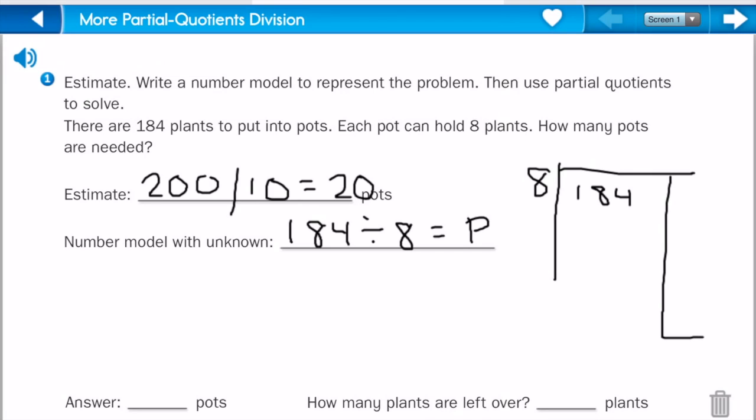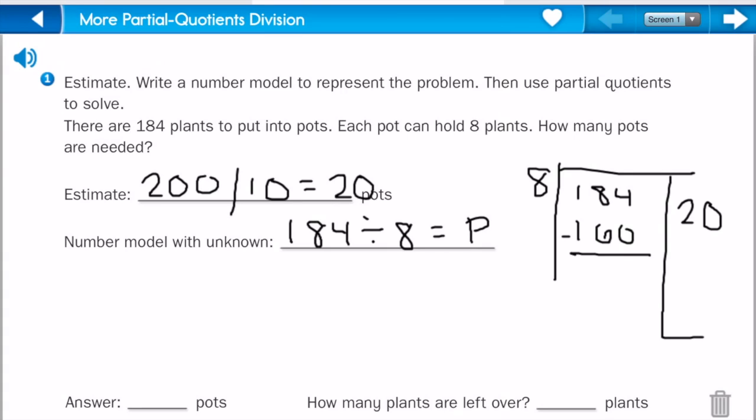Now I'm going to think, what can I multiply by to get close to 184 without going over, using factors that I know? My first number I'm going to choose is 20, because I know 8 times 2 is 16, and then if I just add the 0, I get 160. And that gets me pretty close to 184.